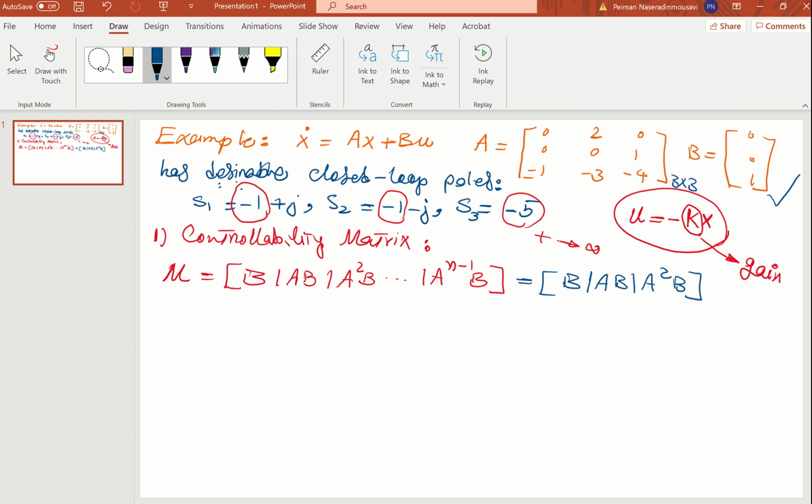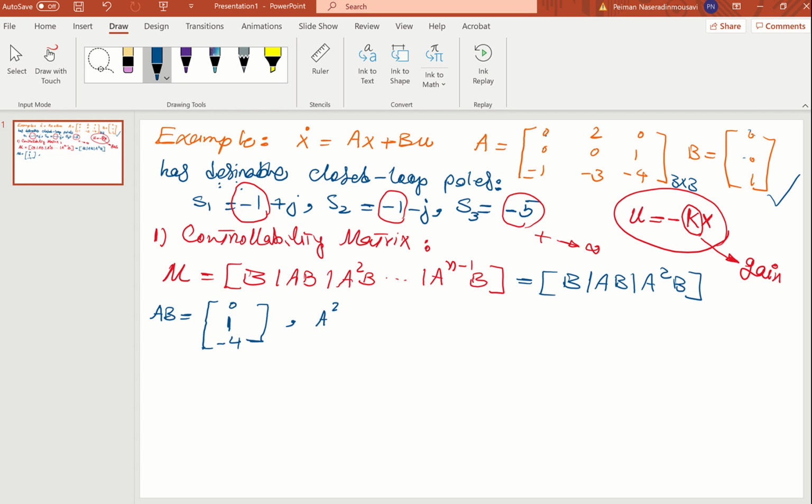So we have the B from here. So what is AB going to be? AB is going to be 3 by 1 again: 0, 0, 0, then 0, 0, 1, that's right, and 0, 0, -4. We got that.